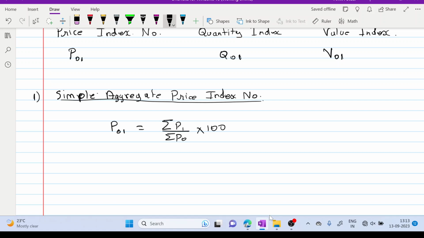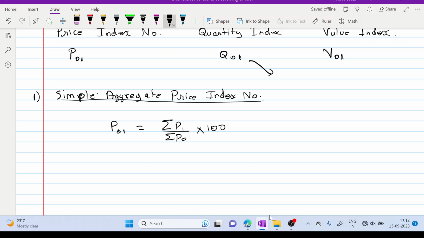So in this case, you have aggregate. So aggregate का मतलब क्या रहता है? Summation. Aggregate marks. Not average, aggregate marks. So it's summation. So it will be aggregate summation P1 upon summation P0 into 100. Now if you want to find it for the quantity index number, इसका formula क्या आ जाएगा?